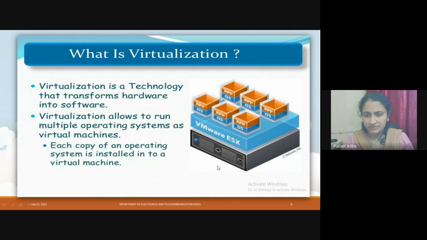This is the hardware which is available with me. This system might have some X GB of RAM, X GB of storage, and suppose I'm using the Windows operating system. But on this hardware, I can build six different machines, which might have six different amounts of RAM and six different storage sizes.